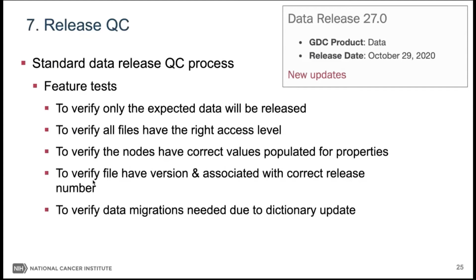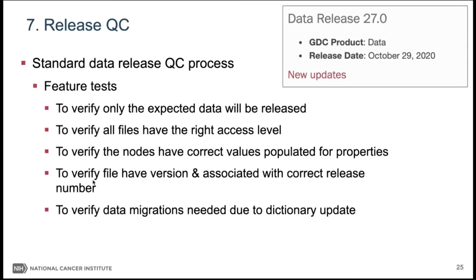Feature tests help to ensure only expected data is released to users and files have correct access level. Feature tests also include detailed checks to ensure each node in the GDC database has correct values populated for each property and has the correct version and release number associated with it.